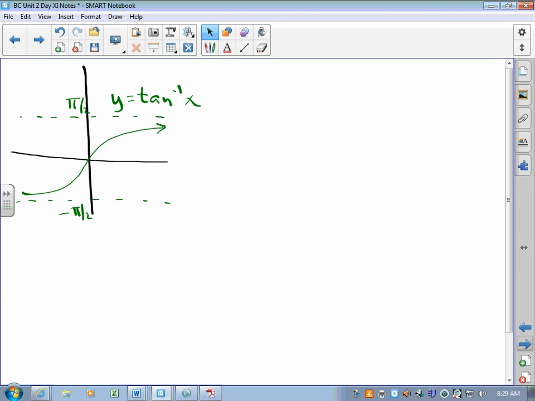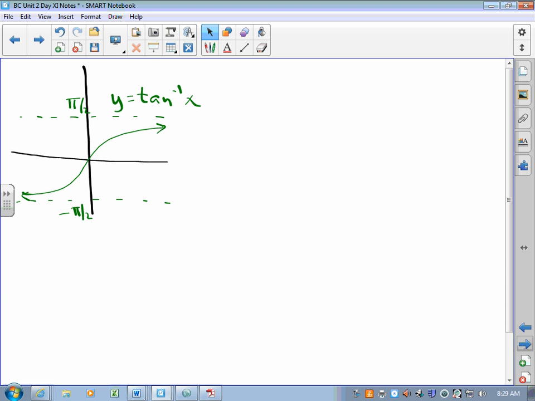The tangent graph has vertical asymptotes at negative pi over 2 and positive pi over 2. And that tells me that the horizontal asymptotes of the inverse tangent graph will be at negative pi over 2 and positive pi over 2. Those are big deals.